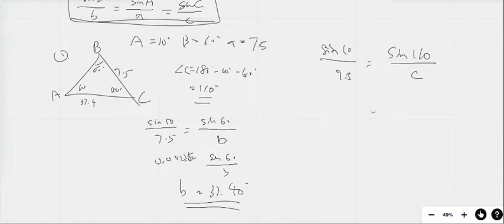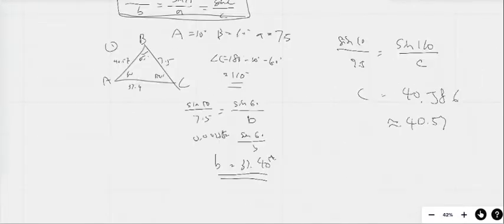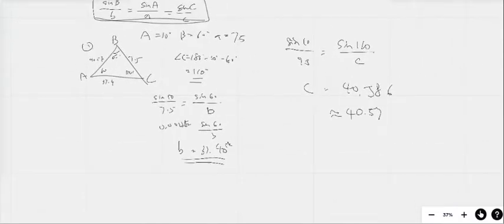Sine of 10 over 7.5 is 0.023, and sine of 110 divided by this answer gives us c is equal to 40.57, not degrees. And here you go, you solved your first law of sines problem.